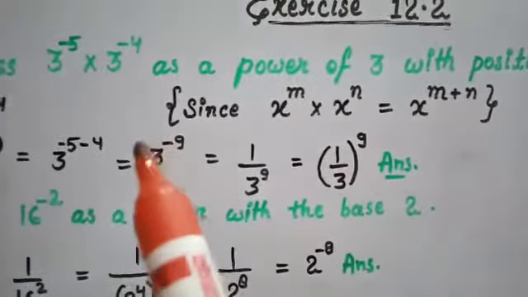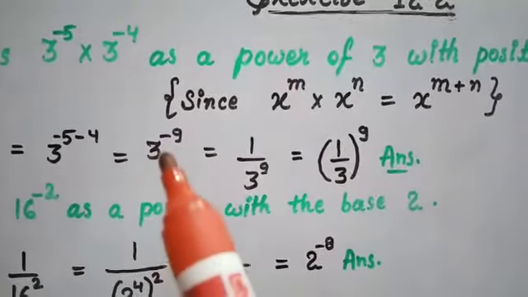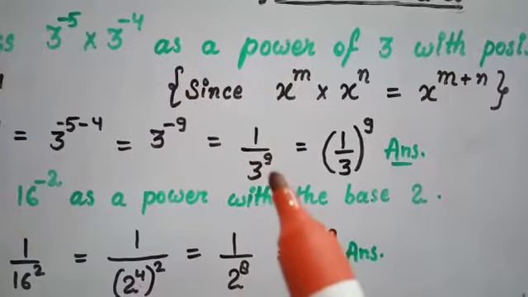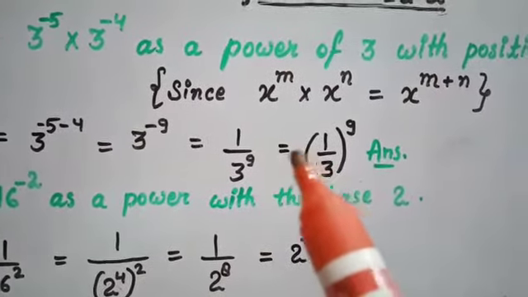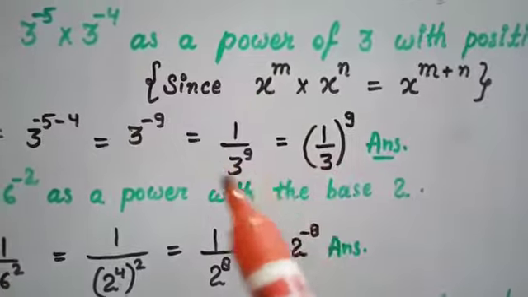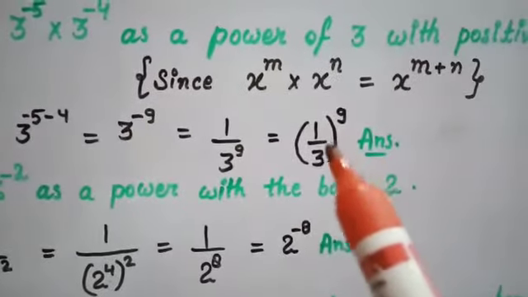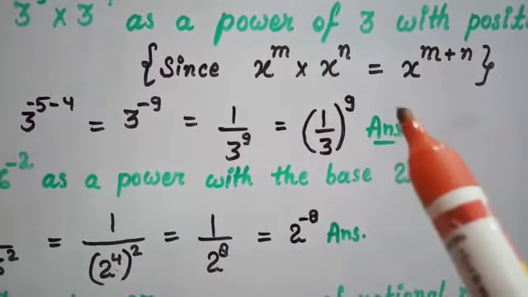So we have to do the reciprocal of 3 to convert it into a positive exponent. It can be written as 1 upon 3 whole to the power of 9.